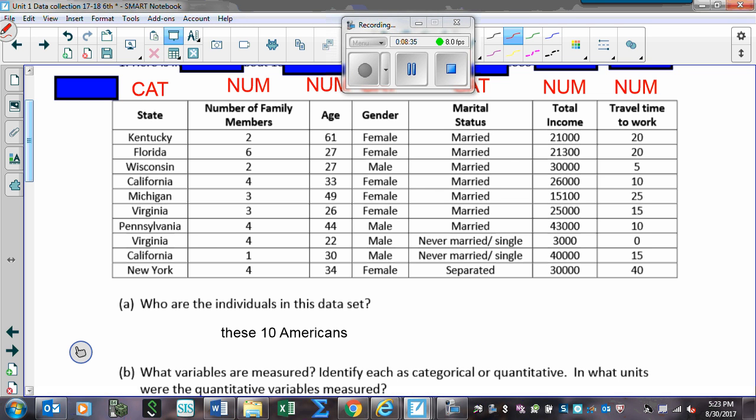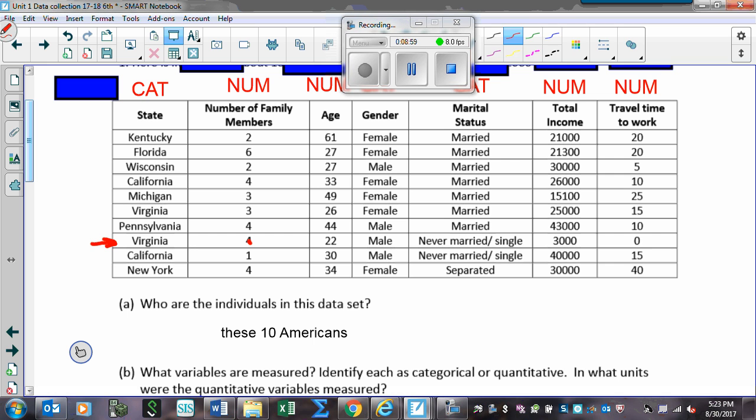The one person who always fascinates me, what the story behind them is, is this person in the 8th row. Who has 4 family members, 22 years old, male, never married, and single, makes $3,000 a year with a 0 travel time to work.